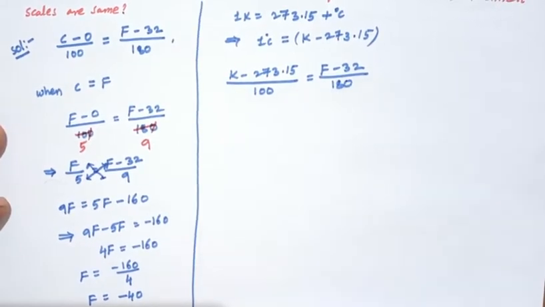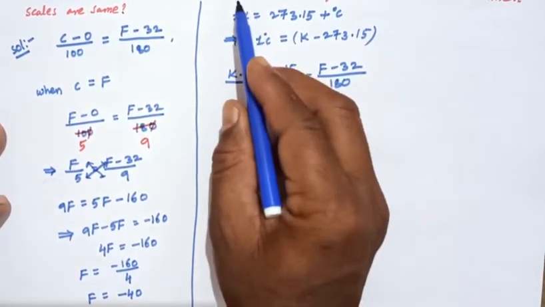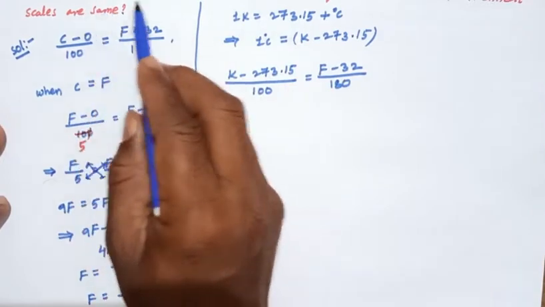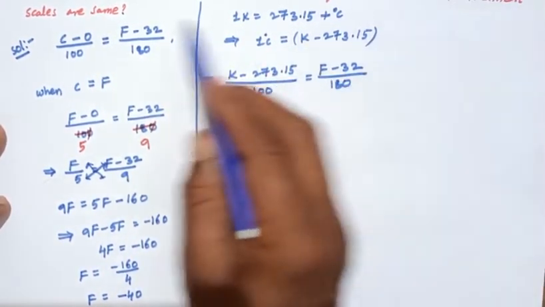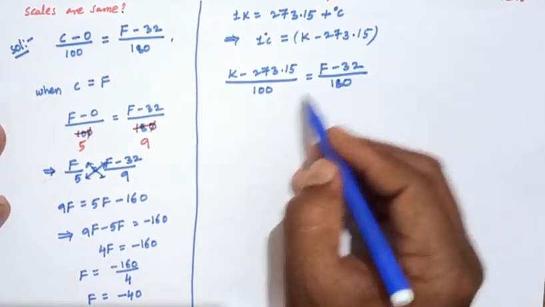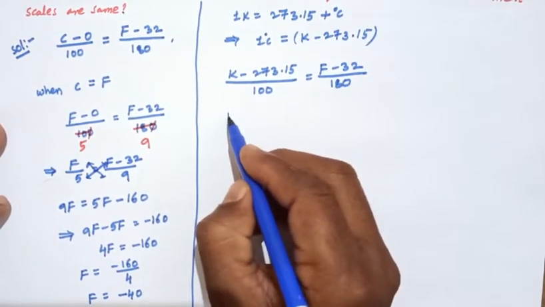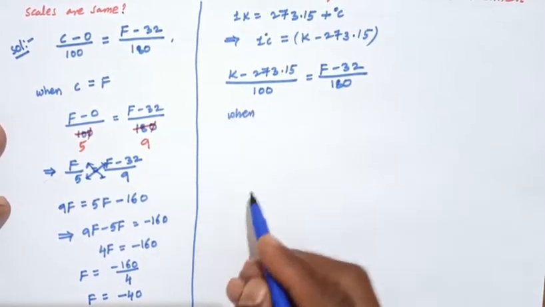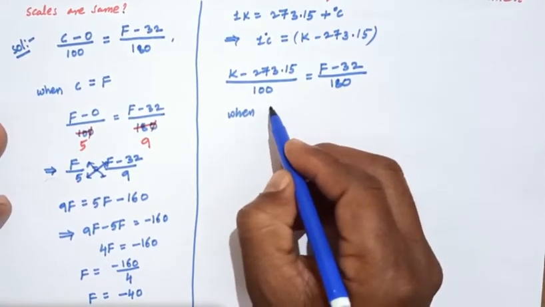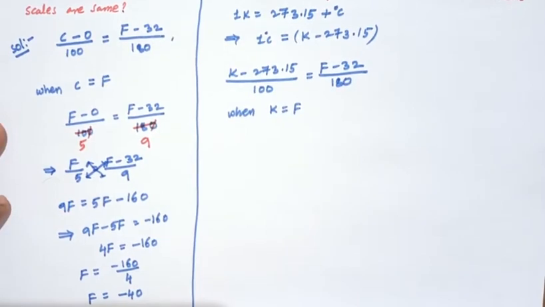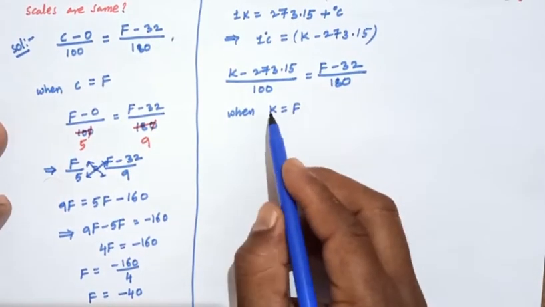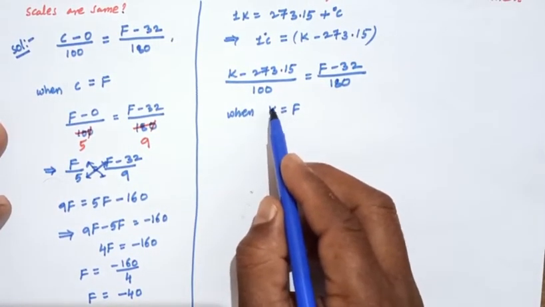180. So what is the question? What is the temperature for which the readings on Kelvin and Fahrenheit scales are the same? When we consider the Kelvin and Fahrenheit scales both equal, substitute Fahrenheit in the Kelvin place.